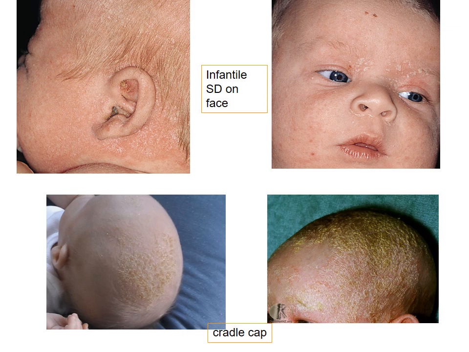As you can see, here is a common presentation of infantile seborrheic dermatitis on the scalp, called cradle cap, and sometimes on the face. This typical common presentation usually subsides within a few weeks.